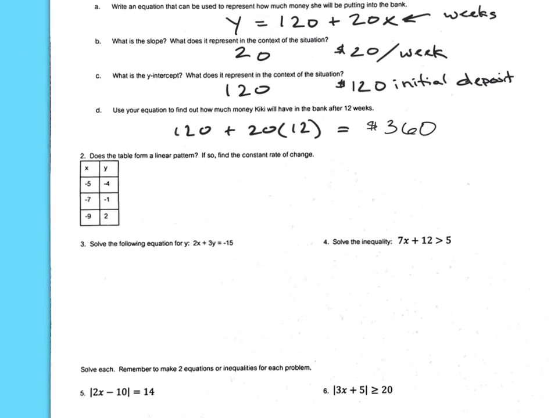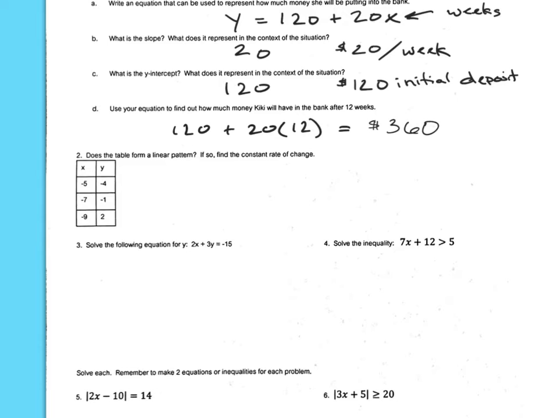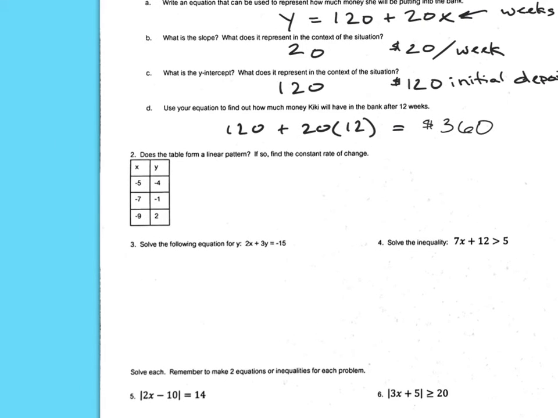All right, so the next kind of question. It's a table to see if there is a linear pattern. So you're looking to see if the x's change consistently, and then of course if the y's change consistently. They don't match x to y necessarily, but x's to x's and then y's to y's. So I like to figure out what's happening from here to here. -5, we're getting smaller, so we went down 2 again.